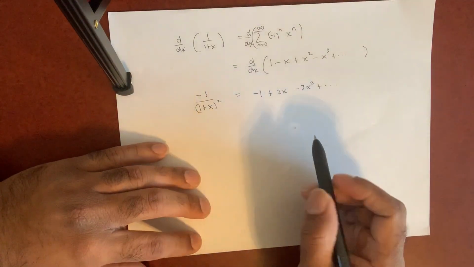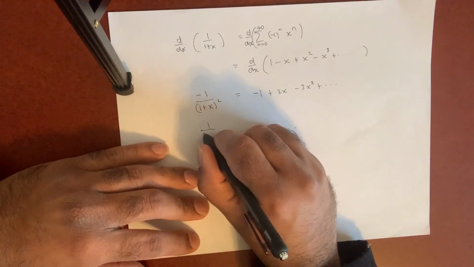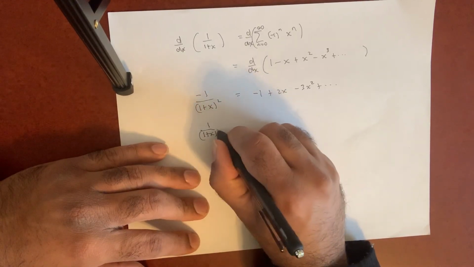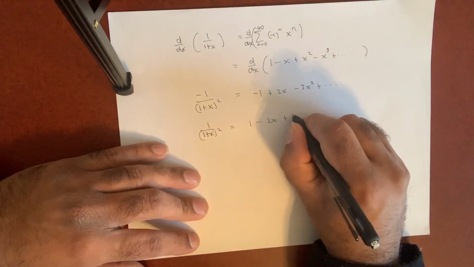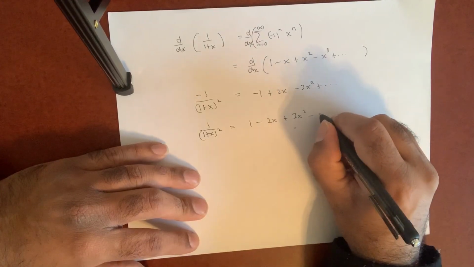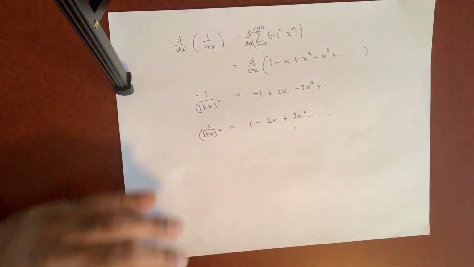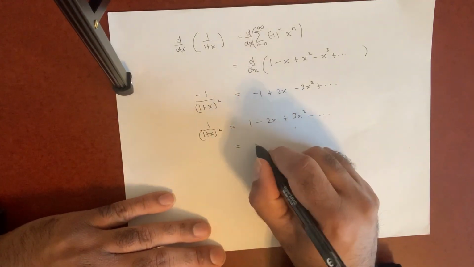Well, I guess we can multiply both sides by -1, now that I'm thinking about it. 1 over (1 plus x) quantity squared is equal to 1 minus 2x plus 3x squared minus, and so on.